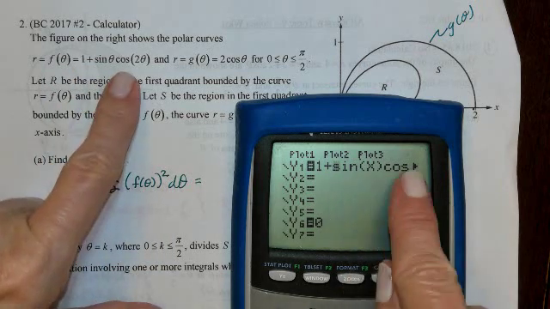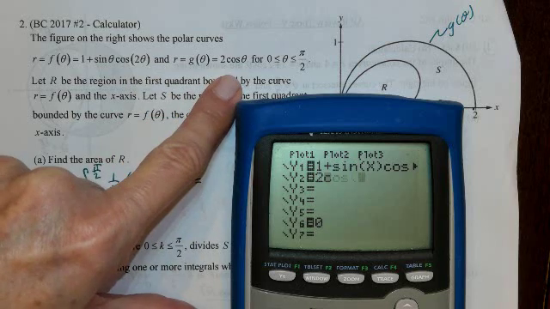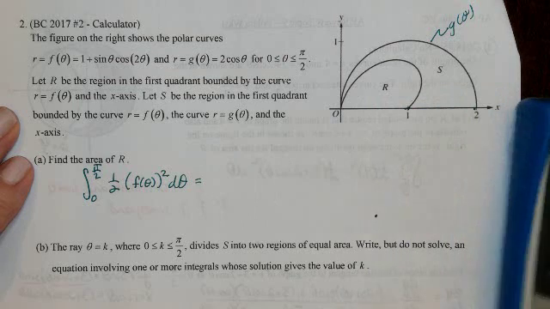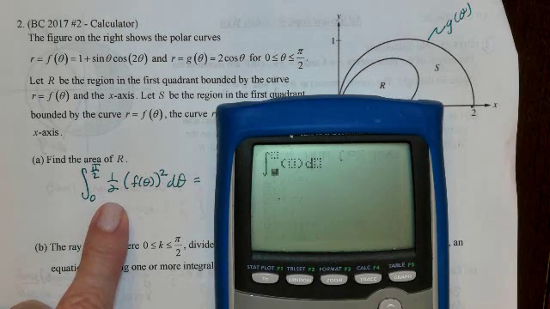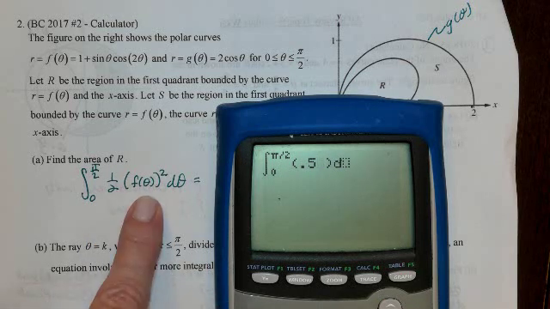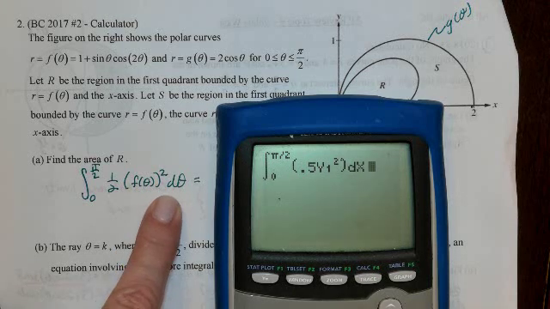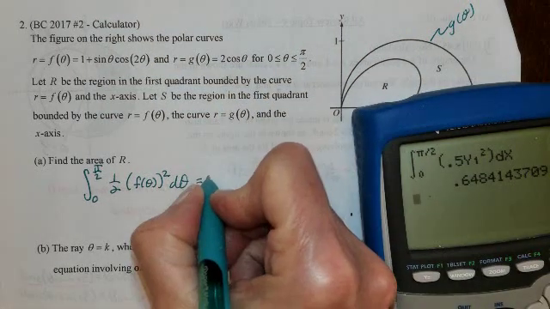Even then, sometimes I miss something, but do your best not to mess that up. Then in my home screen, I just need the integral from 0 to pi over 2 of 1/2 of y1 squared d theta, x is theta. So I get 0.648.